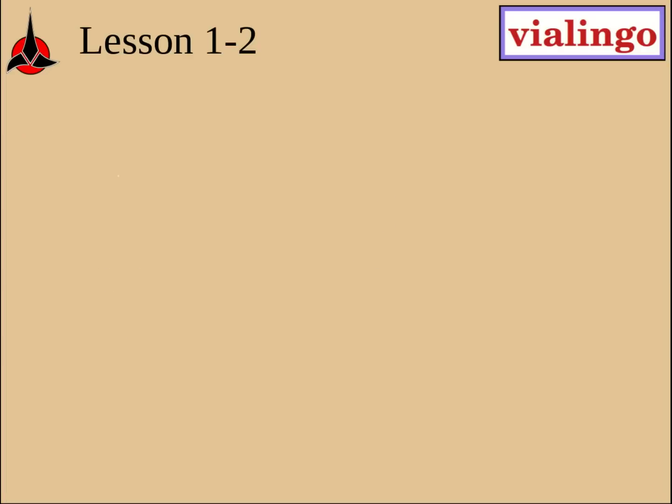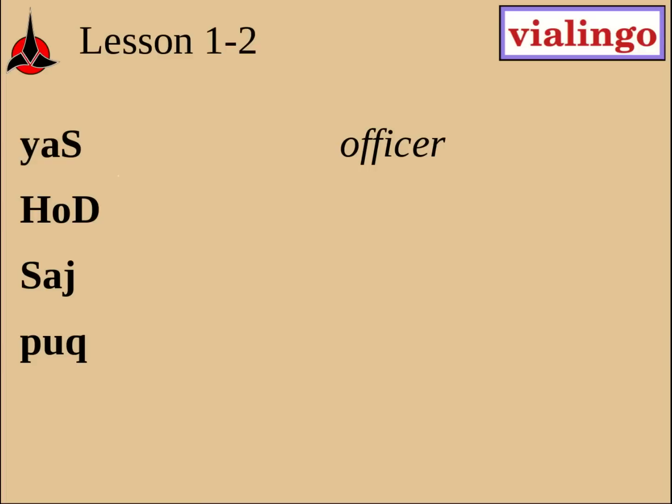After learning new words, you will always be given the opportunity to test yourself. This will help to fix the words in your memory. So, what is the English for yash? Officer. For qorDu? Captain. For charge? Pet.